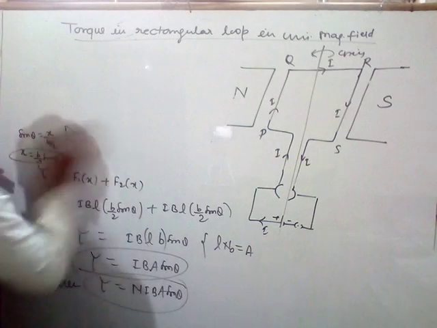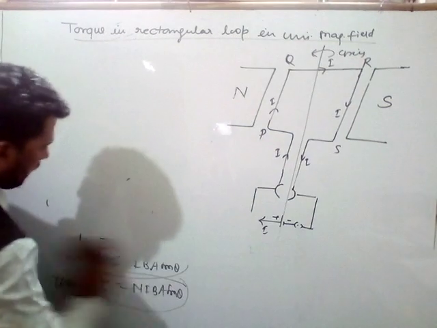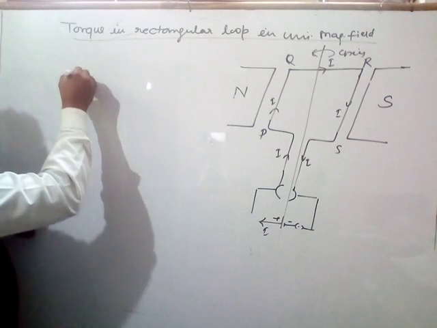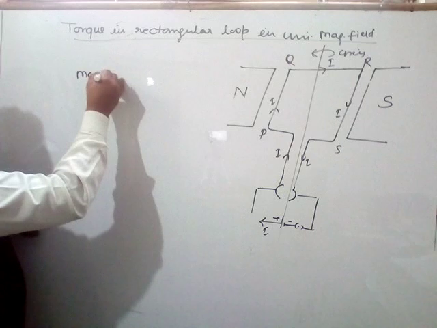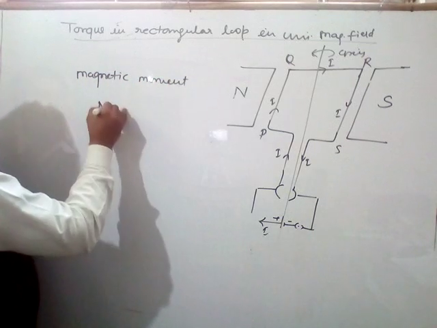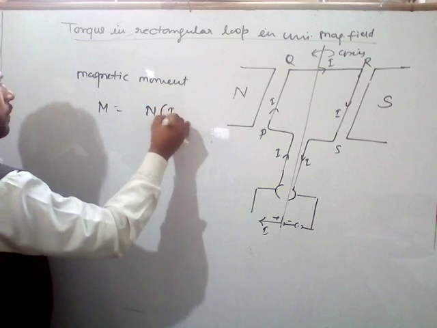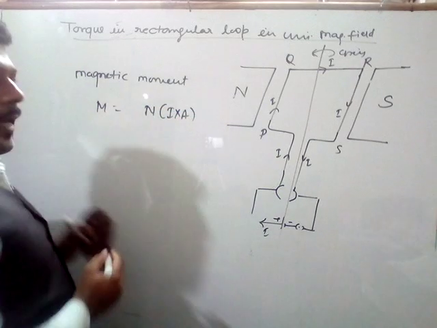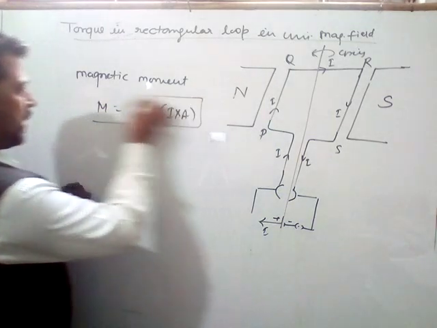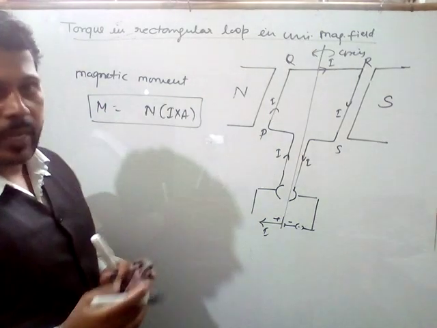Here, this is the magnetic moment, M, which equals the product of current and cross-sectional area, and if there are N turns, then magnetic moment equals NIA.